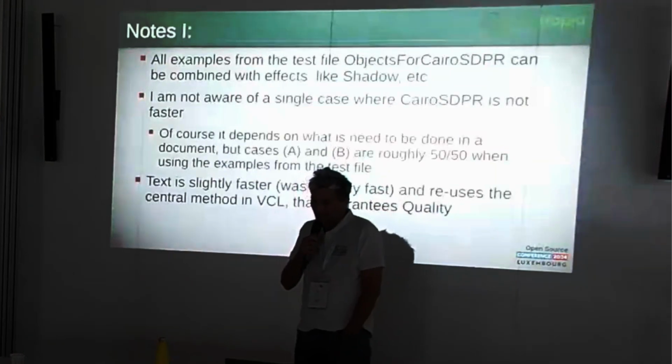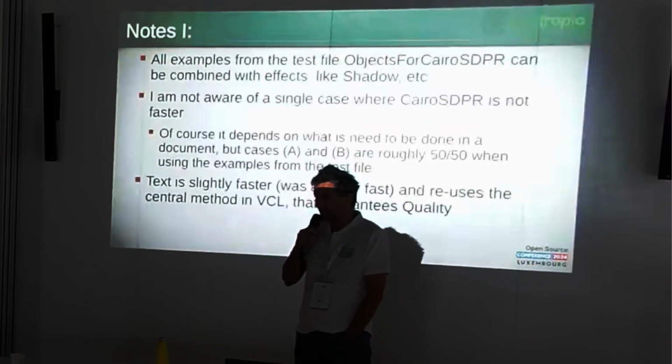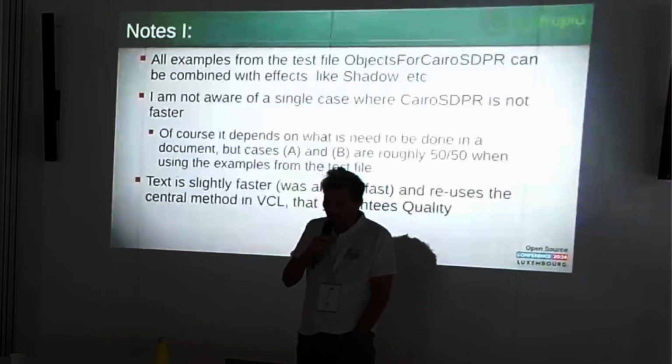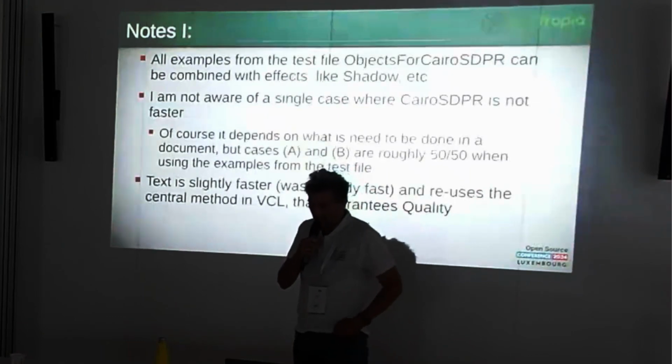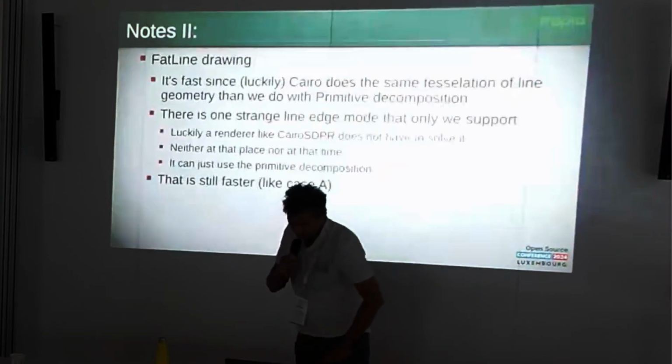And I'm not aware of a single case where CairoSDPR is not faster. Even the highly optimized stuff, which was already optimized in the VCL backends, but the problem was what the VCL backend got on data. So this optimization always was limited to what you can do.